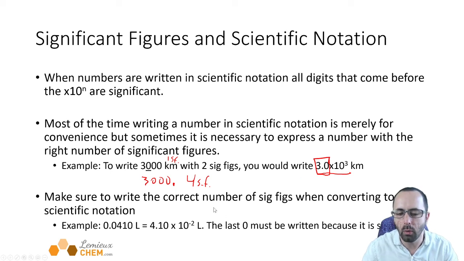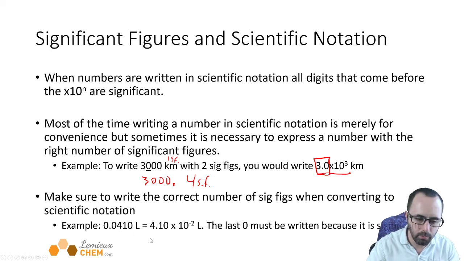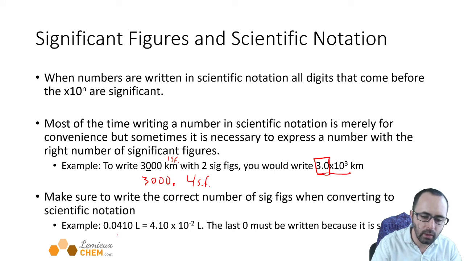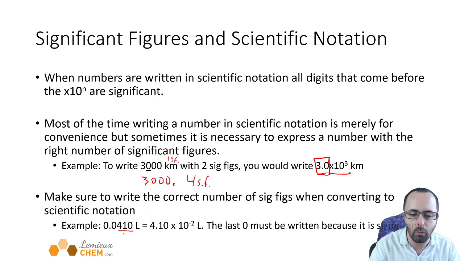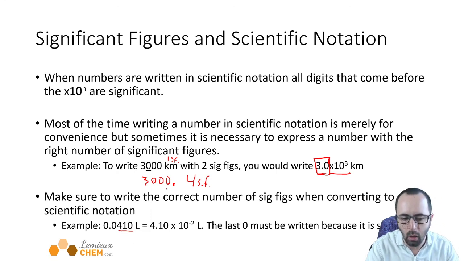Also, if you are going to write a number in scientific notation, make sure you write it with the correct number of sig figs. So for example, if we're converting 0.0410 liters to scientific notation, well, here the front zeros are not significant, but the end zero is significant because there's a decimal point. So the 4, the 1, and the 0 are significant.